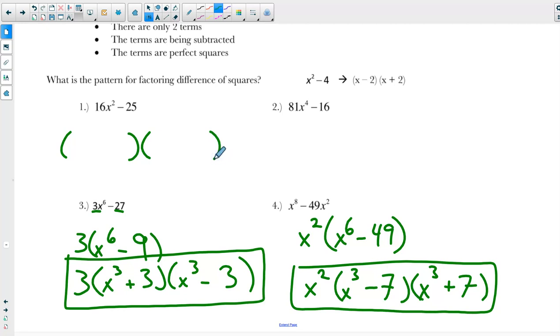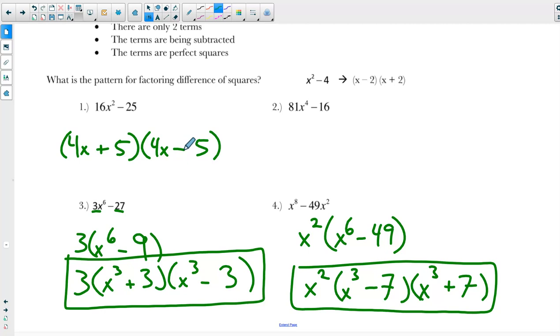My pattern says AB, AB. So what is the square root of 16? 4. So I got 4x. So I put that in both of them. And then I have 25. What's the square root of 25? 5. So I got 5 and 5. And these are conjugates, but I just put plus and minus in there. And it doesn't matter if you have the minus and then the plus or the plus and then the minus.